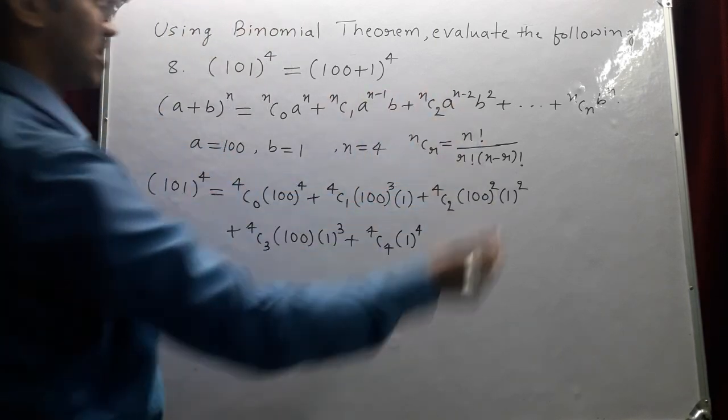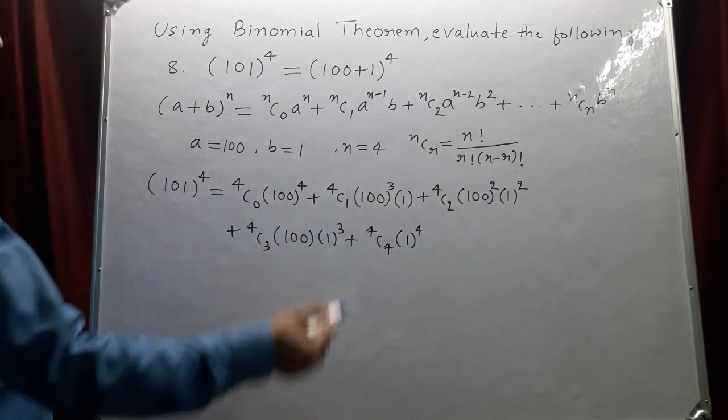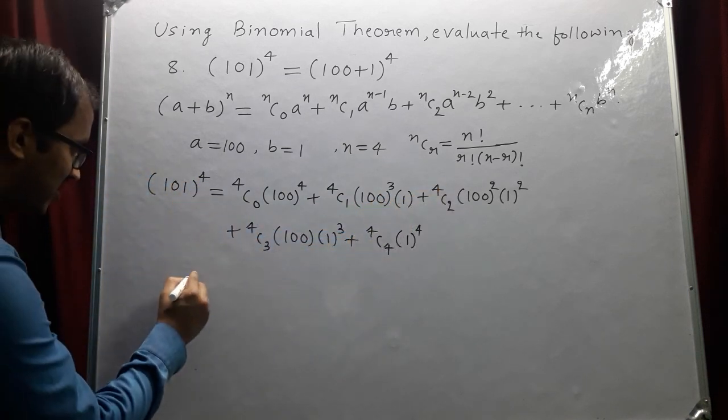We have used the binomial theorem. Powers of a are decreasing by 1, powers of b are increasing by 1.